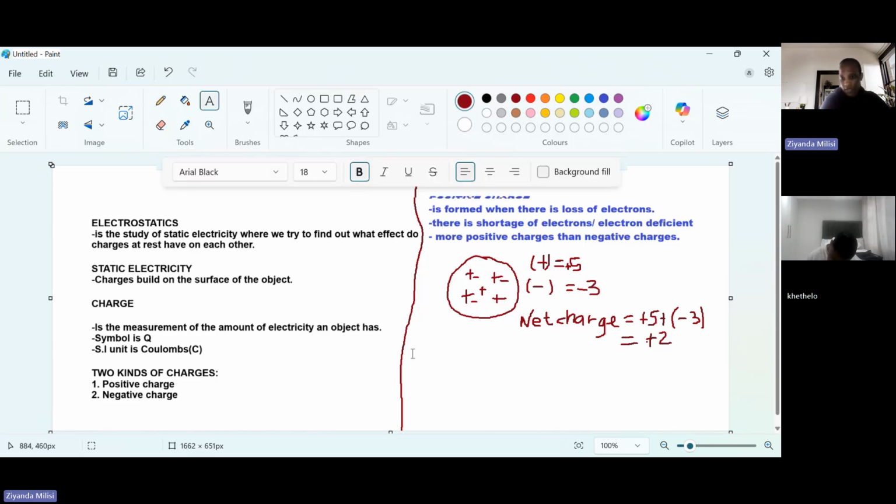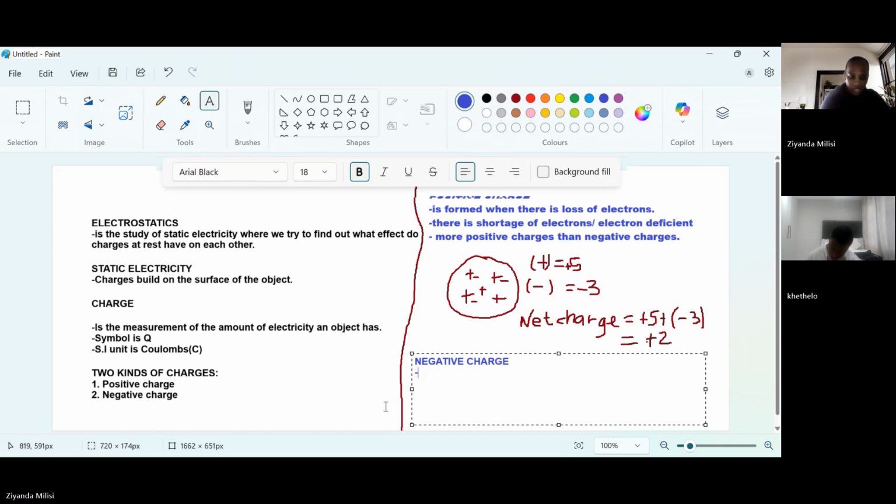All right. Then let's look now at a negative charge. A negative charge is formed when there is a gain of electrons.